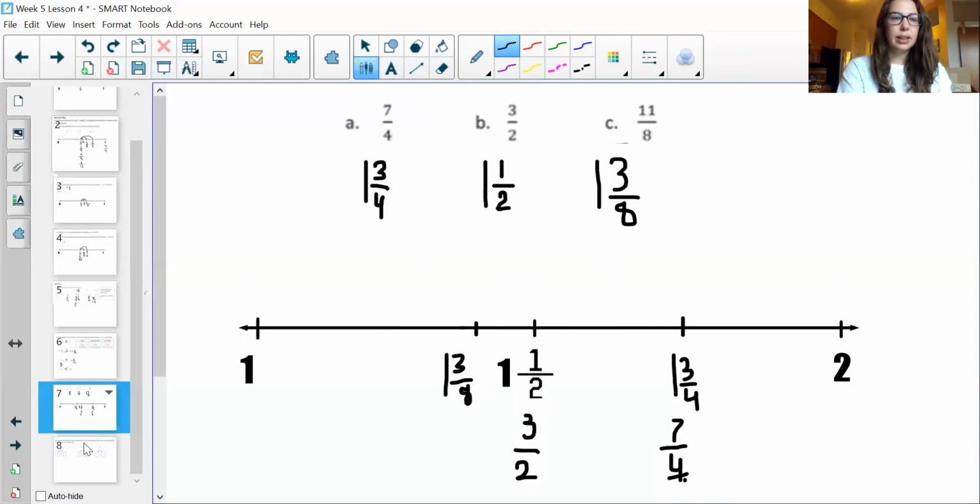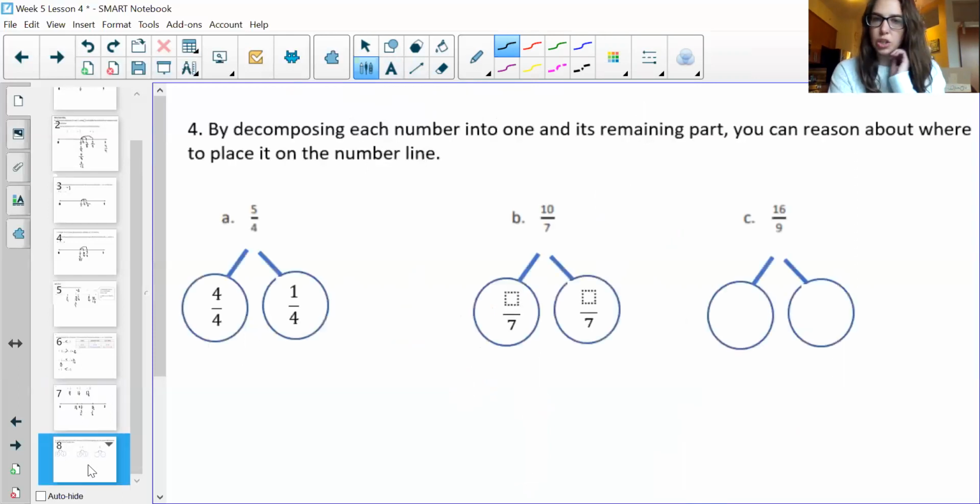Okay, last but not least, we're going to look at how to change improper fractions into mixed numbers. So here, if we had 5/4, we're going to pull out 4/4 because 4/4 is equal to 1 whole, and then 1/4 is left, so it's 1 and 1/4. Then for this one, we know that 7/7 is equal to 1 whole.